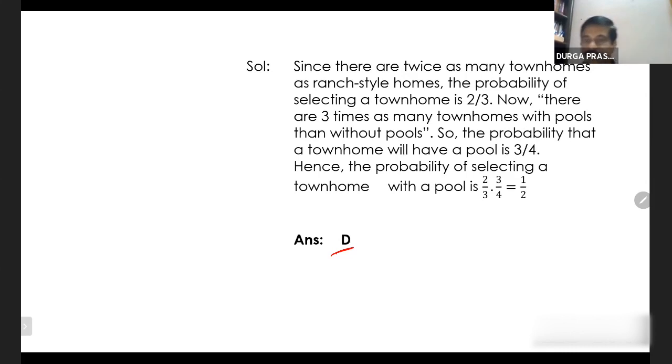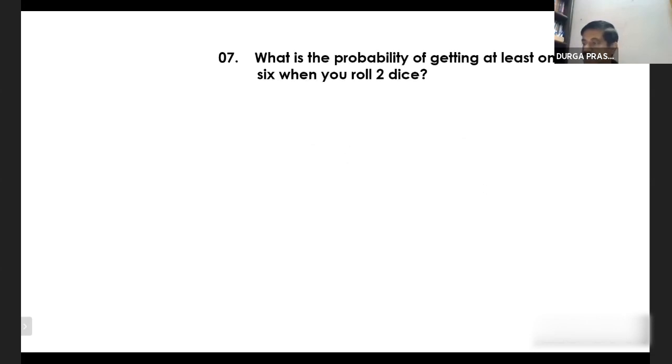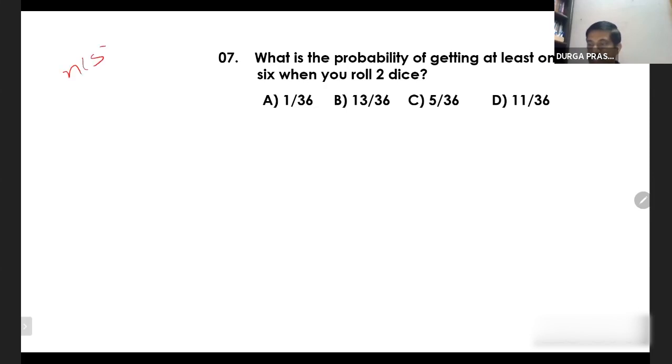So let us go with this. So let's go to the next question. What is the probability of getting at least one 6 when you roll two dice? Just before, in the beginning, when we discussed, when two dice are thrown, you'll have 36 possibilities, 6 into 6.